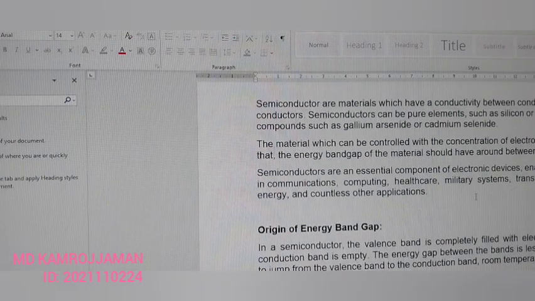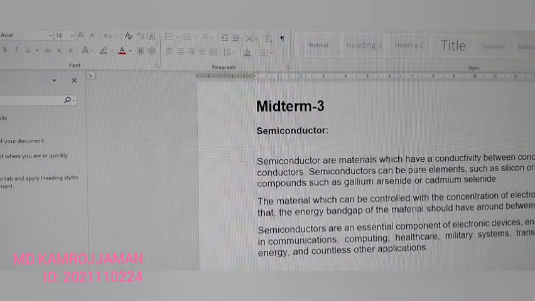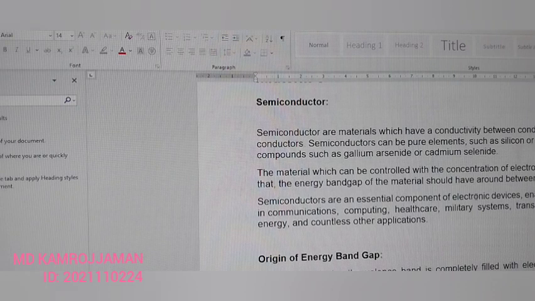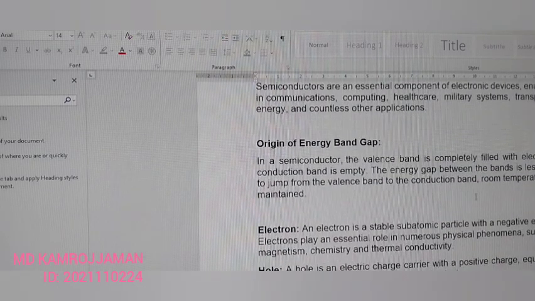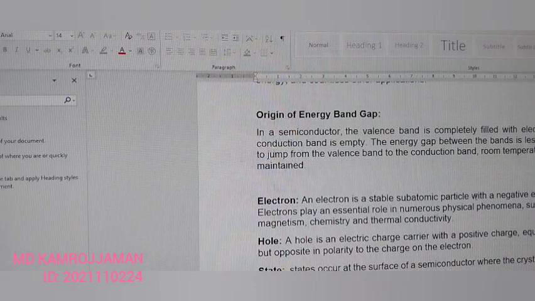So this is the explanation of semiconductors, and the material's electron or hole concentration can be controlled. To do that, the energy band gap of the material should be between around 0.17 and 3.5 electron volt. Then the origin of the energy band gap.